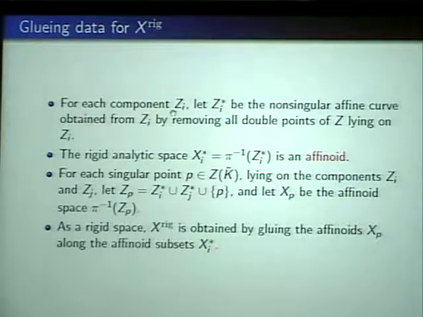Yes? So the question is, if I have just two P1s crossing at one point, then Z sub P is the whole thing, right?